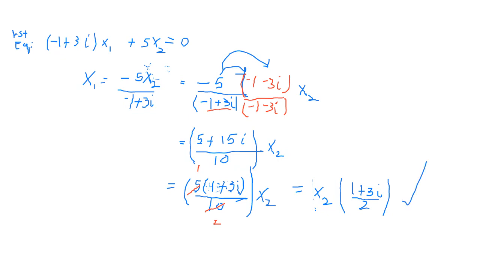If you look at the solution we just did, we had x1 equal to x2 times 1 plus 3i divided by 2. So you could use either equation, and you get the same answer. This one took a little bit of work.